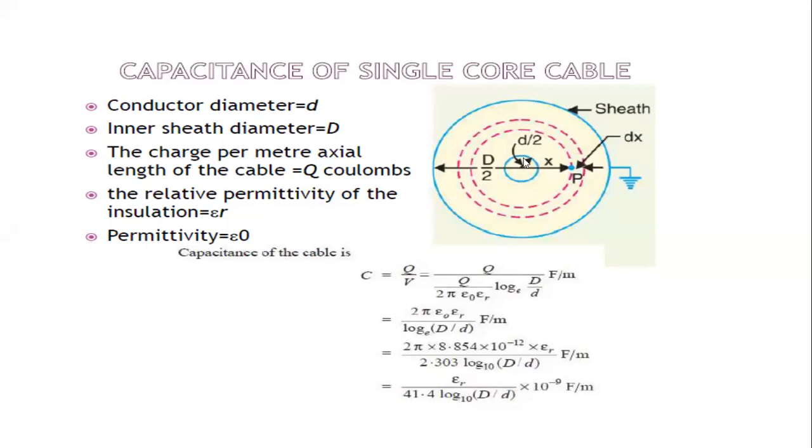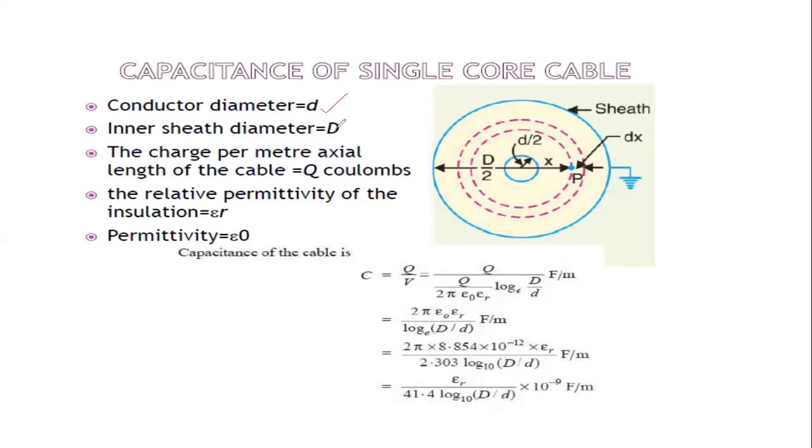This is the conductor and this is the insulation for this conductor. First, we calculate the capacitance of a single core cable. The diameter of the conductor is small d.